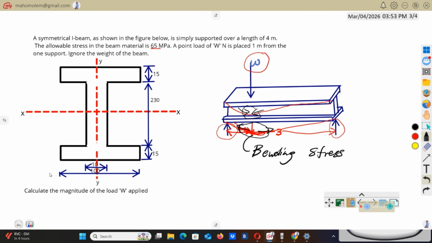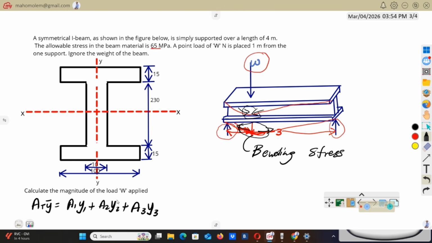We're going to use this formula: total area times y bar equals area 1 y1 plus area 2 y2 plus area 3 y3. This is what we call the area moment. We take the areas multiplied by the distances.